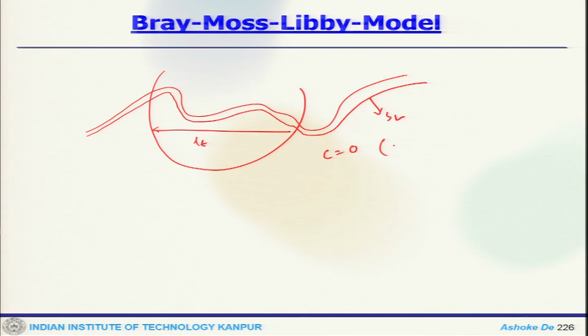So C0 is unburnt, and this side C1 is the burnt side. The assumption which remains there is very fast chemistry.